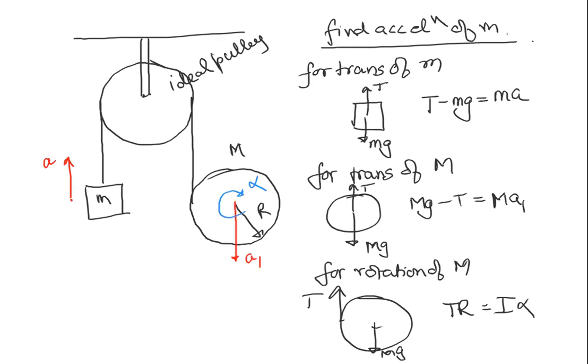Okay, now please follow me very, very carefully. Due to translation, the acceleration of this point is A1. Due to rotation, the acceleration of this point is R alpha.